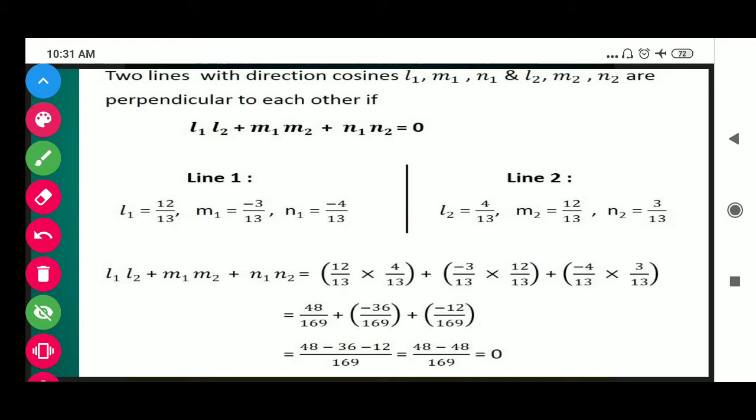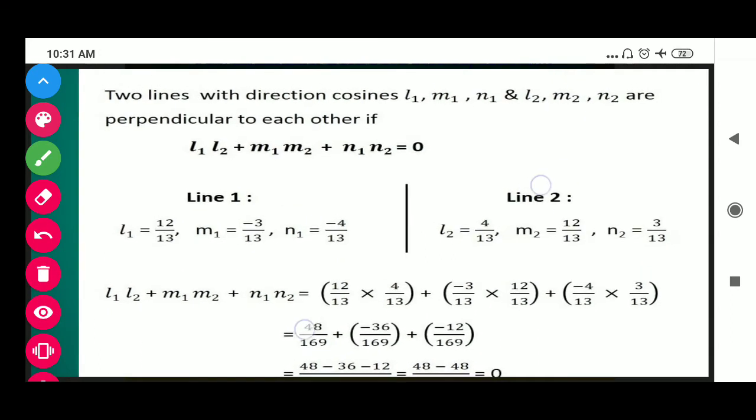In this way, we get 48 over 169 minus 36 over 169 minus 12 over 169. By taking the LCM, we get 0 in the numerator. So the condition is satisfied: l1 l2 plus m1 m2 plus n1 n2 becomes 0. In this way, these two lines are perpendicular.